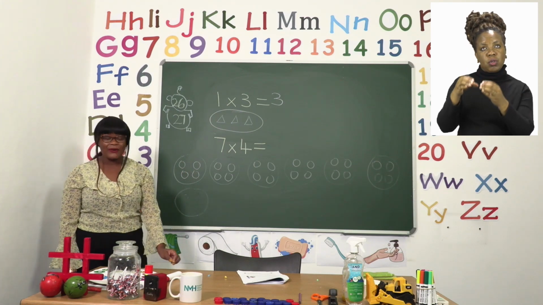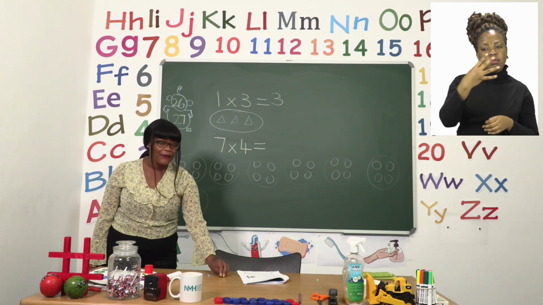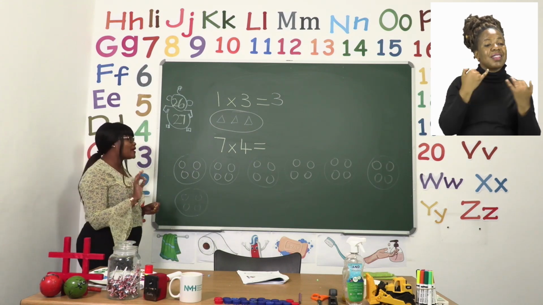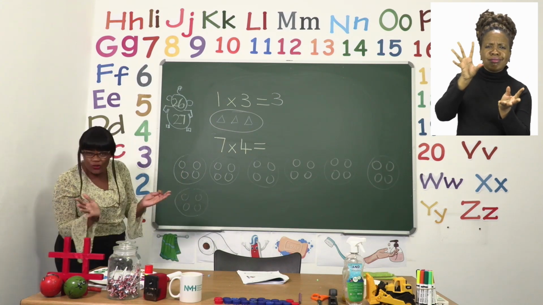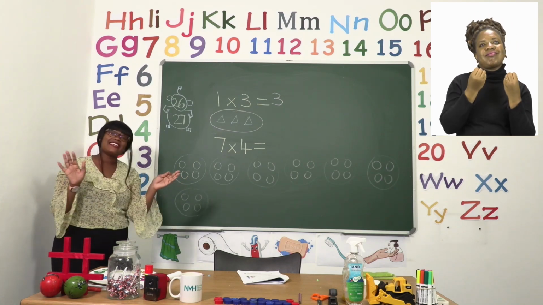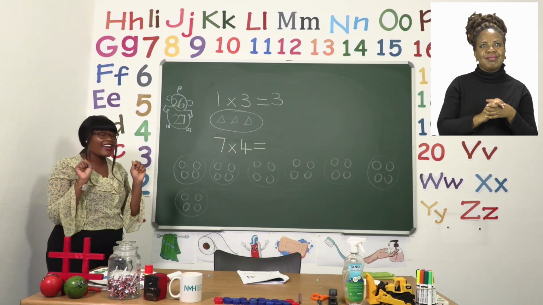Whew. We're not done yet though, boys and girls. Now we need to count how many are they all together. So all the sets and the things inside the set.